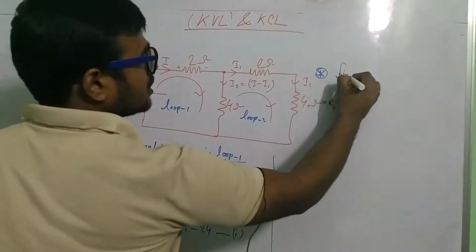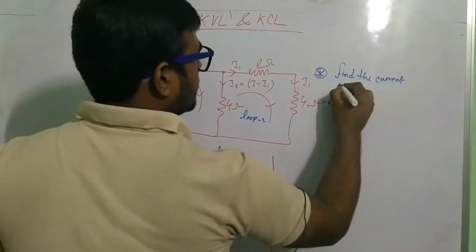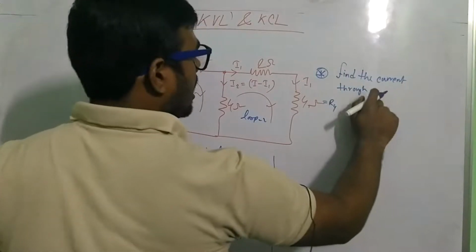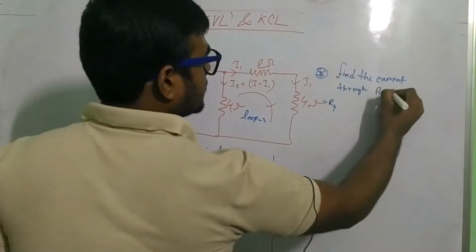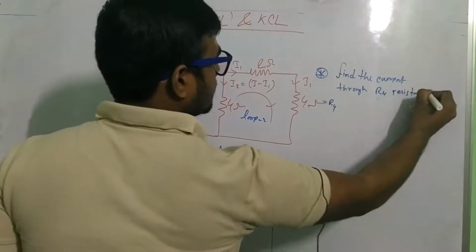So what is the question? Find the current through the R4 resistance.